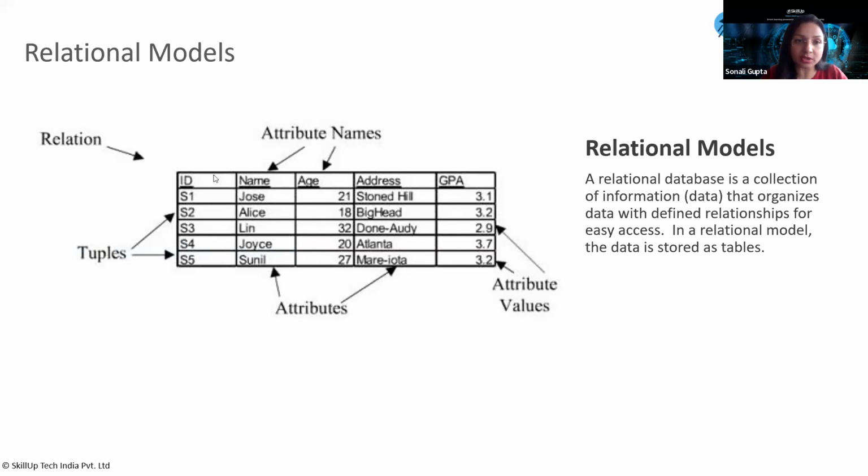Each column is an attribute of this entire table, and the values that are part of this table are the attribute values. Every row within the table is designated as a tuple. And as a whole, a table can be termed a relation. This is exactly what the relational model talks about.